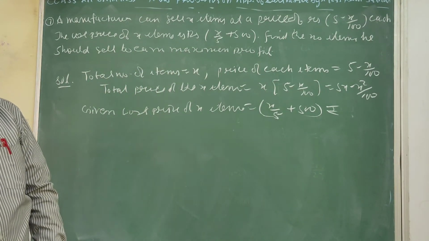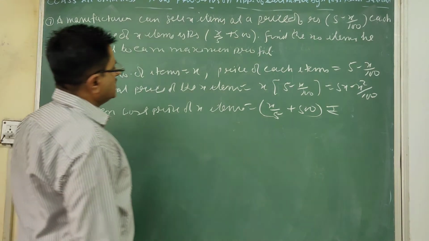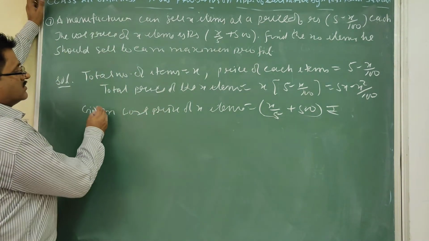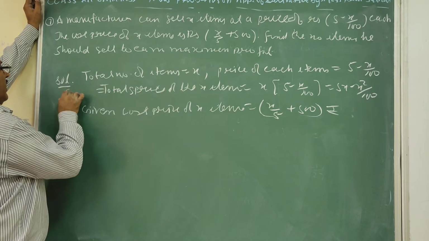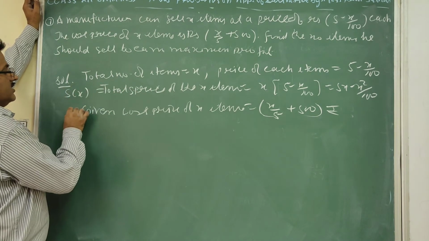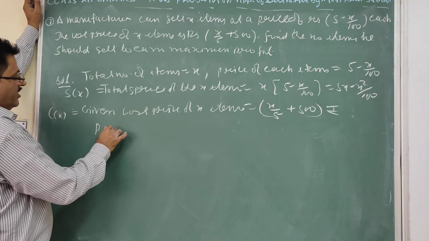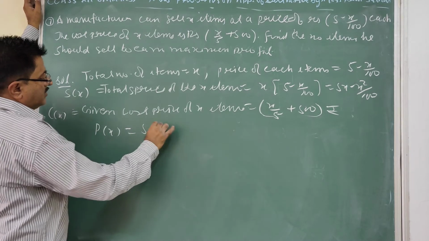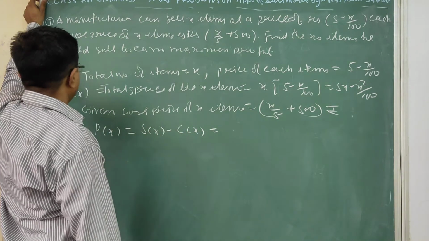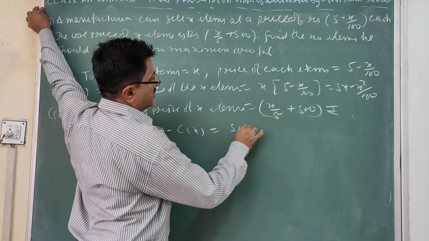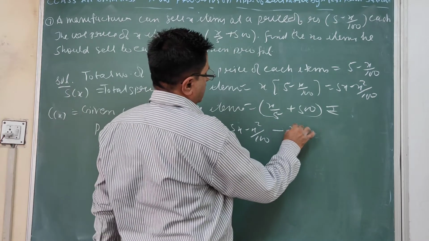So now you can say profit equals, this is our total price, the selling price, and this is the cost price. So profit is equal to selling price minus cost price. So the selling price is 5x minus x squared upon 100, minus the cost price, x by 5 plus 500.